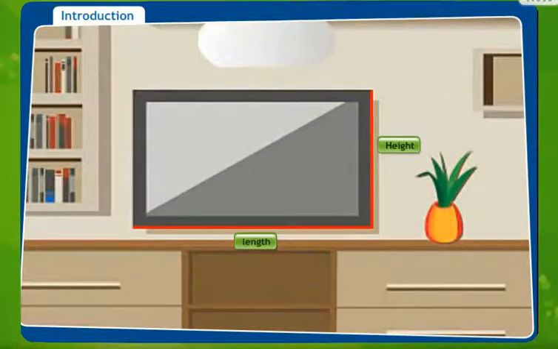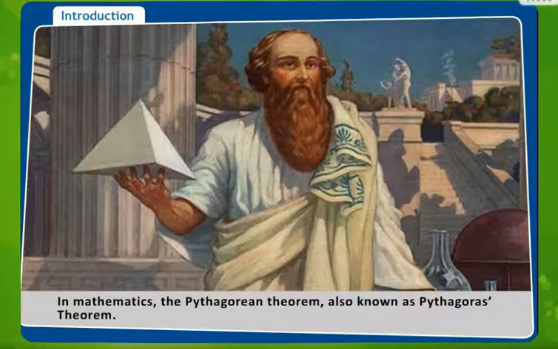In this rectangular object, you can see the length, the height and the diagonal. The diagonal is the line which passes through the opposite vertices, and you can see the red line which forms a right angled triangle. Now you can see that it has a right angle, and you can see the diagonal. Basically the diagonal is called the hypotenuse.